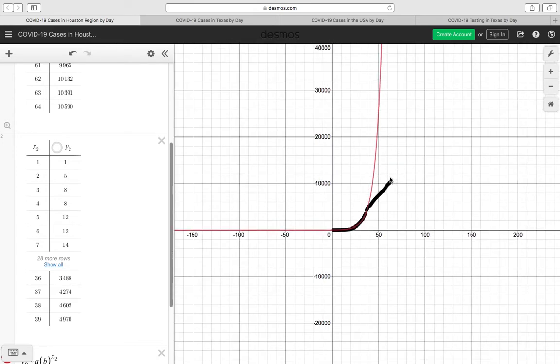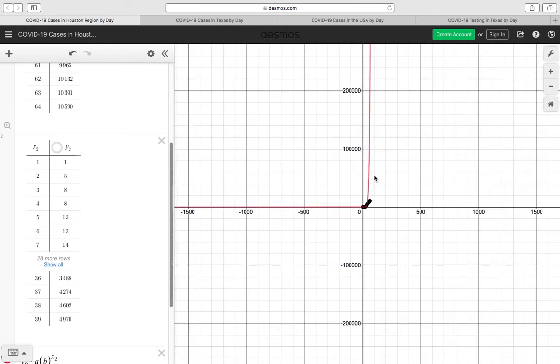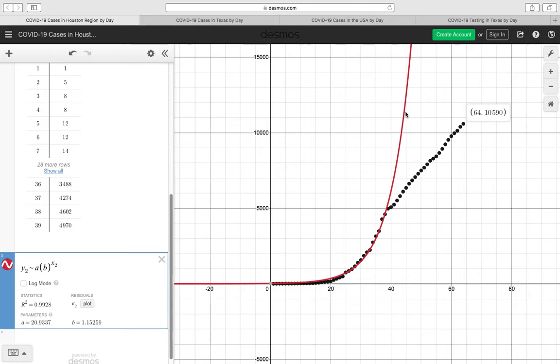But up here, it looks like day 64 would have been almost completely off my graph if whatever event had not happened. So the way that I'm going to do this is I'm going to say, okay, my actual was that number, and I'm going to utilize this line in order to predict what would have happened on day 64.